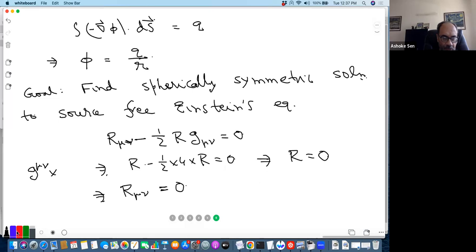So then this is the equation that we have to solve. Are there other questions?